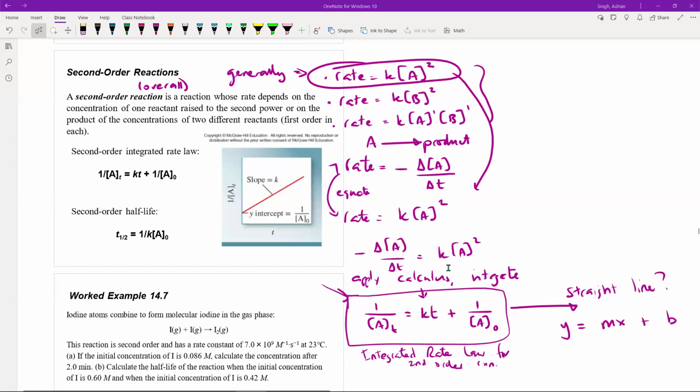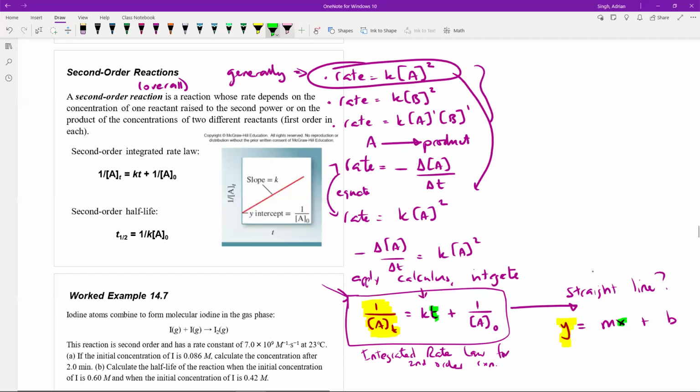And just like the integrated rate law for the first order reaction, when we have our expression written this way, we can approximate it to a straight line, or we can equate it to a straight line, y equals mx plus b. So in this example, our y is 1 over the concentration of A, that's our y value. Our x value is going to be time.